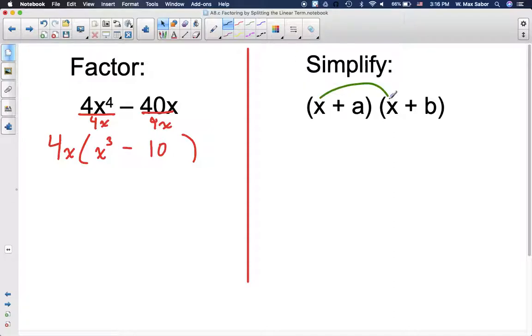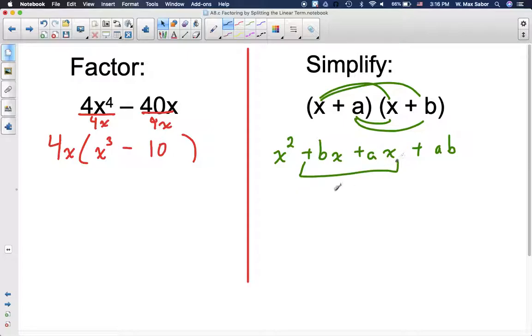So the idea is that when we multiply polynomials, x times x gives us x squared, x times b gives us bx, a times x gives us ax, and a times b gives us ab. If you look at these as like terms, then you can say x squared plus a plus b times x plus ab is the same thing.